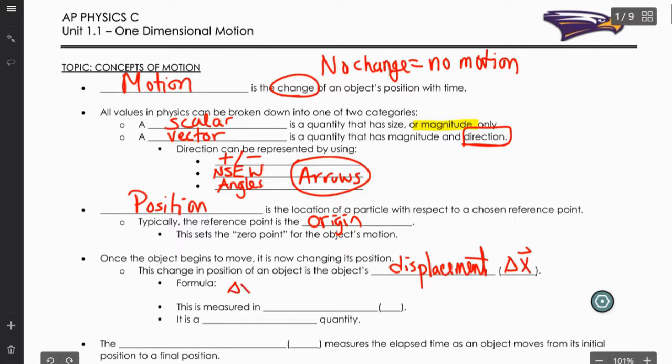So delta x is equal to x minus x0. It's kind of your first official AP Physics C formula. It's not a big one. It is measured in meters, abbreviated m, remember SI units, and it is, as I mentioned, a vector quantity. So we have to include the direction.